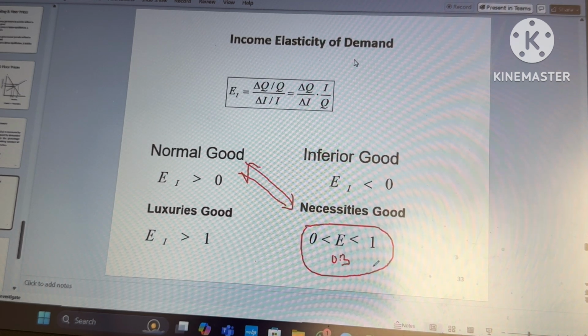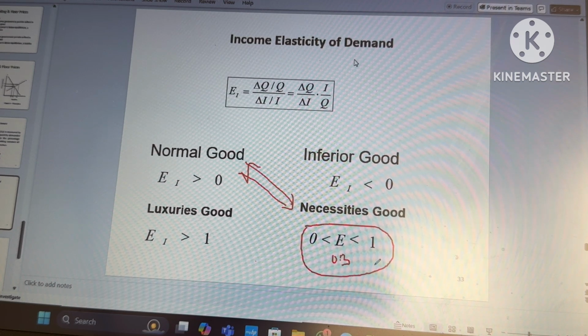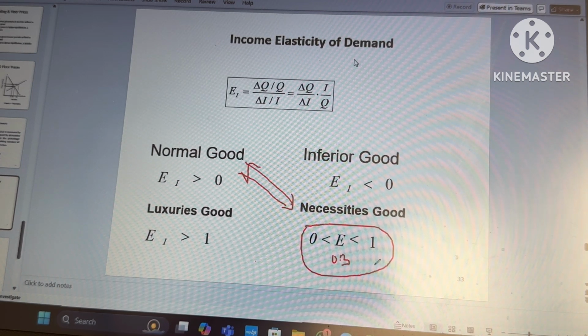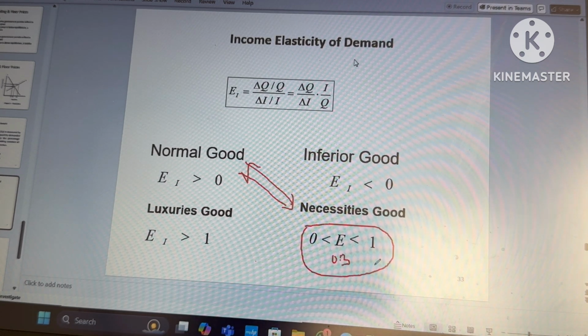That means if income increased by 1%, demand is increasing by 0.3%, less than the income change. For a product like vegetables, if you have a 10% increase in your income, we got that 0.3 from 30 divided by 100. To get the 0.3, you can put any two numbers.